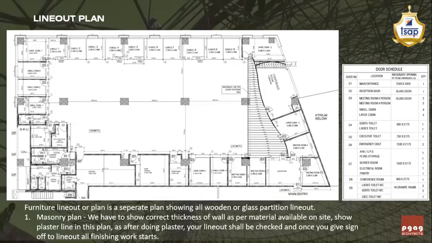Once he sees all your drawings, he is going to get a lot of information and instructions from the drawings itself. As you are seeing the layout plan, this particular plan is of one of our projects, which is a commercial office interior project.